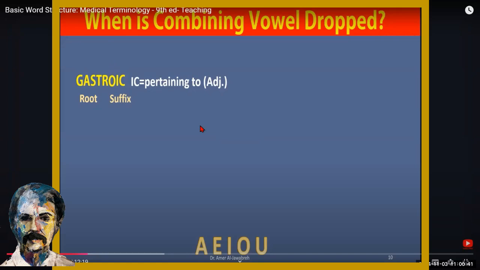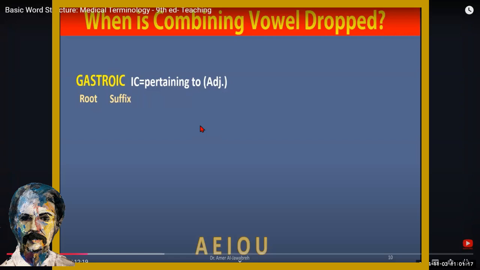So we have the vowel O and we have the vowel I. One of them has to go away. O, why? Because O is not part of any word. So we don't use it. We keep the one in the suffix, its original letter, the I, and the O we don't need. So instead of gastroic, it becomes gastric. Very simple, gastric.